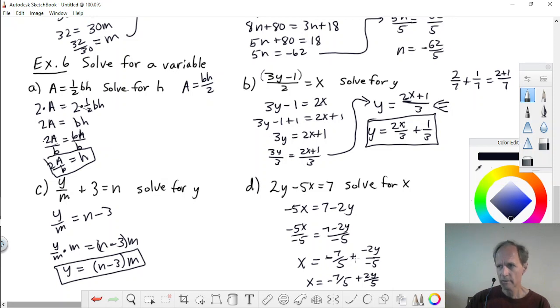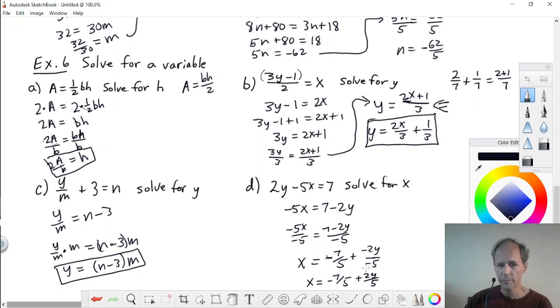-5. Okay, I want to make sure I get this sign right, sorry. 7 minus 2y divided by -5. So it's +7 over -5 is this, but -2 over -5.